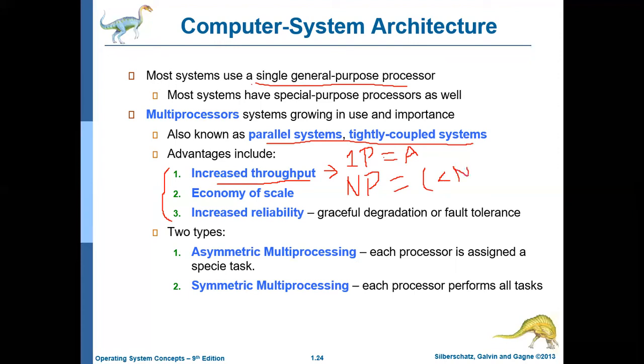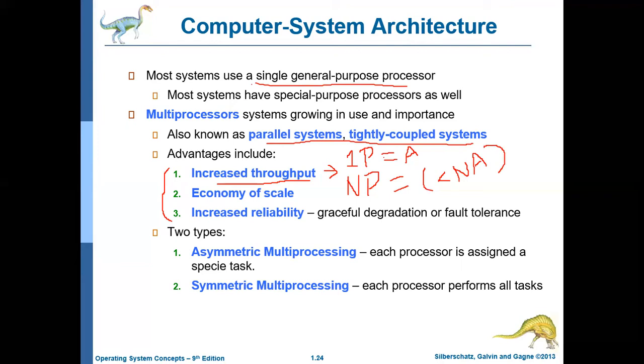But still, there will be a considerably improved amount of work done. This concept is called increased throughput. You may ask, when there is one processor the amount done is a, so when there are n processors, why is the amount of work done not equal to n times a? The reason is that as you increase the number of processors, the system overhead will increase.